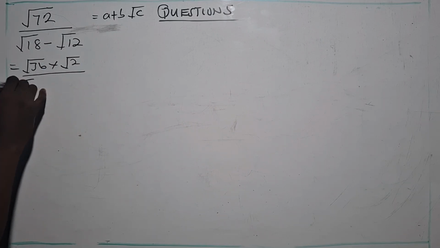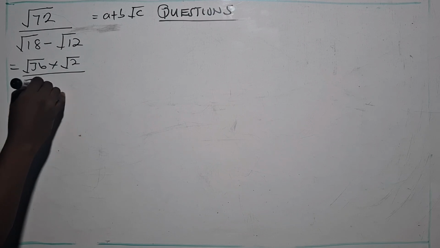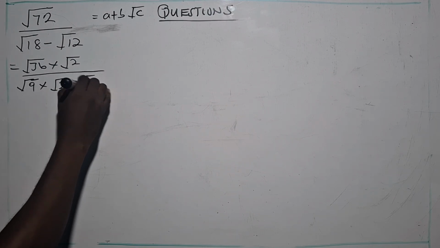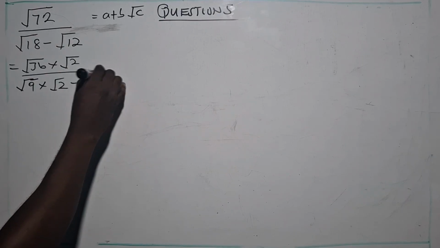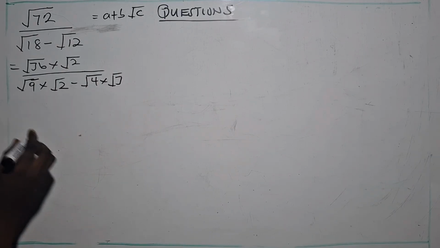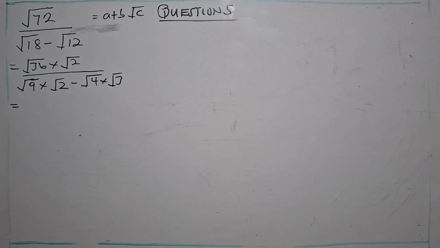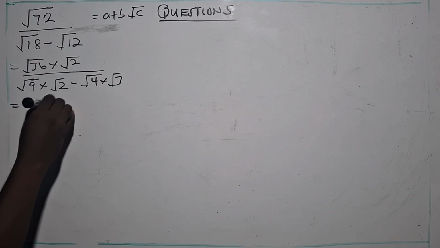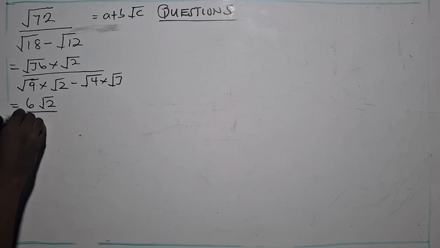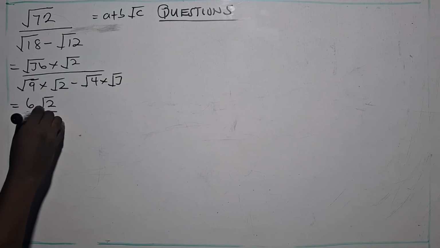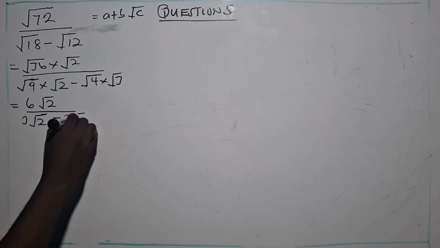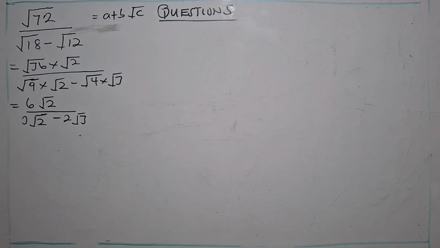All over, for root 18, you have root 9 times root 2, minus this side will give me root 4 times root 3. So the top one, square root of 36 is 6, so this one is going to give me 6 root 2. Then this one will give me 3 root 2 minus 2 root 3.